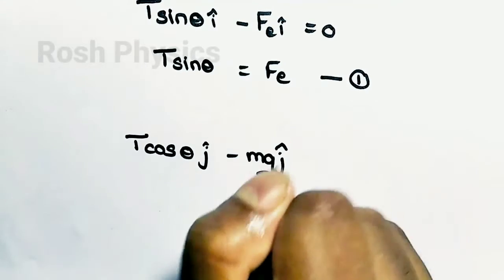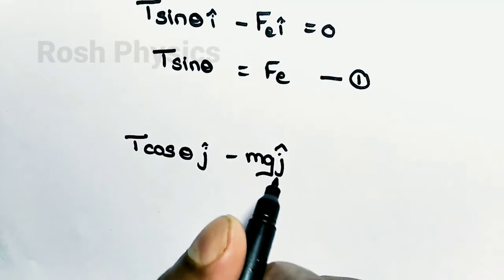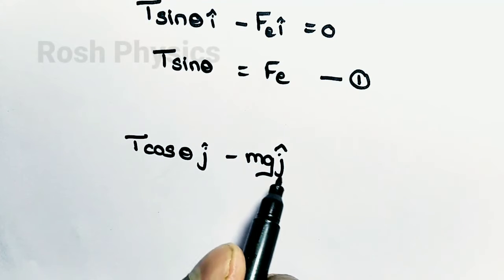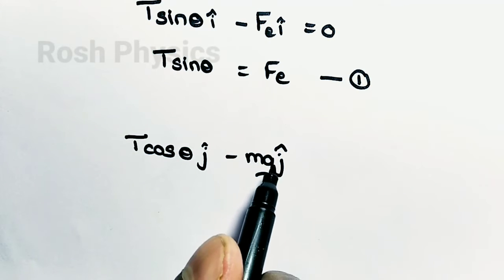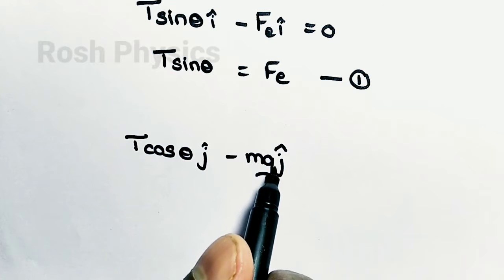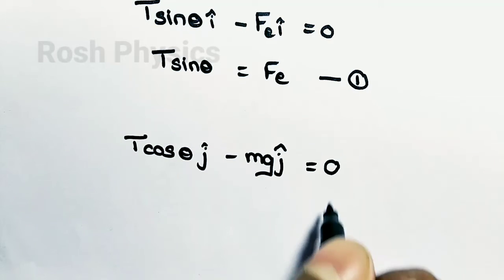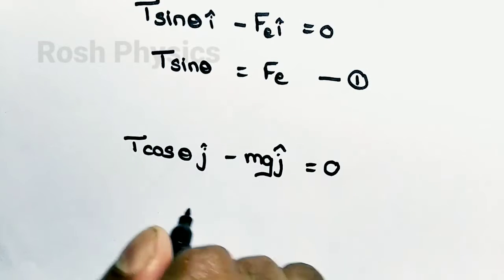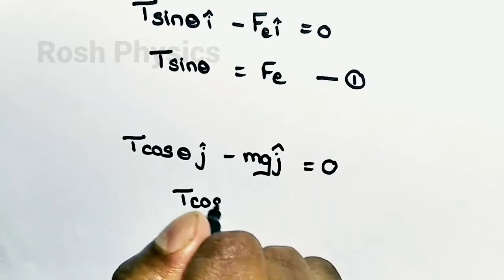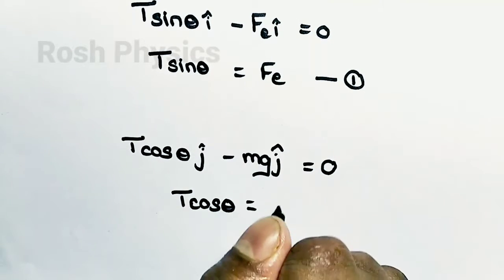The reason I put mg is that it is the force acting on them, according to the second law, with the acceleration due to gravity given, so I am replacing ma with mg. There is no acceleration, so it equals 0. So T cos theta is equal to mg.